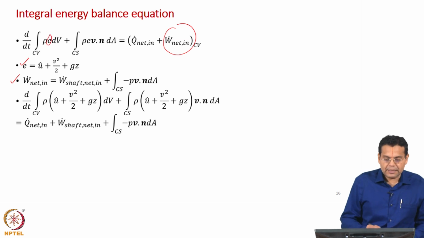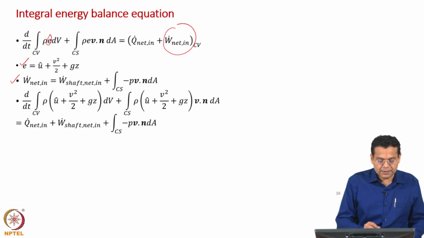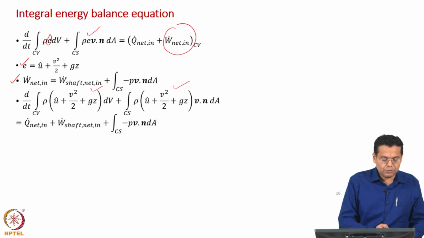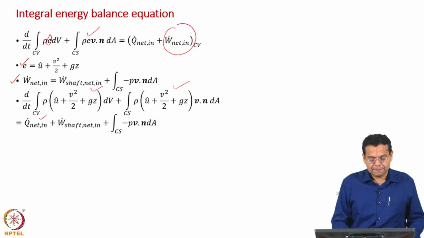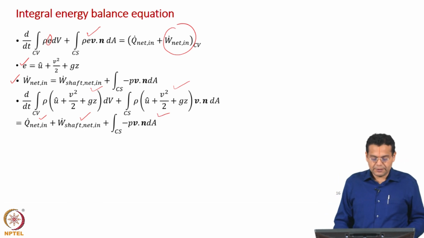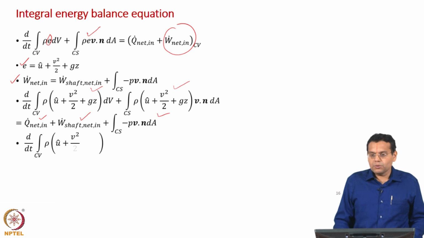E here in the transient term has been expressed in terms of the sum of the energies, and similarly E in the convection term has also been expressed in terms of the sum of the energy terms, and on the right hand side we have Q dot net in, that is retained as such. The rate of work done has been expressed in terms of rate of shaft work and rate of work done by the pressure force. Now, what do we do? We can do simplification.